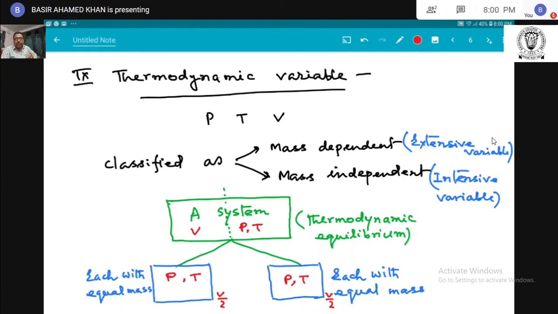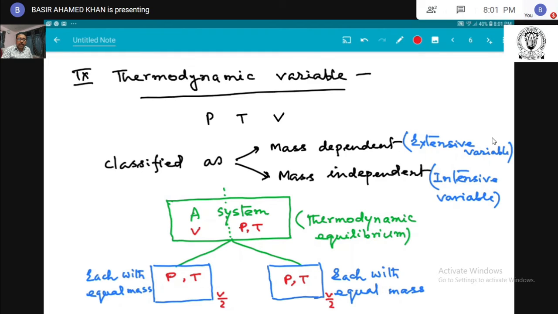So with this example, we can say that pressure and temperature are independent of mass, and that's why pressure and temperature are intensive thermodynamic variables, whereas the volume, which is mass dependent, is an extensive variable.